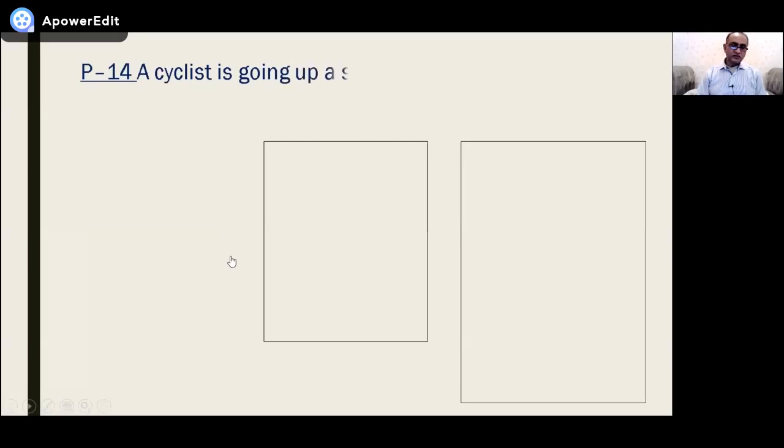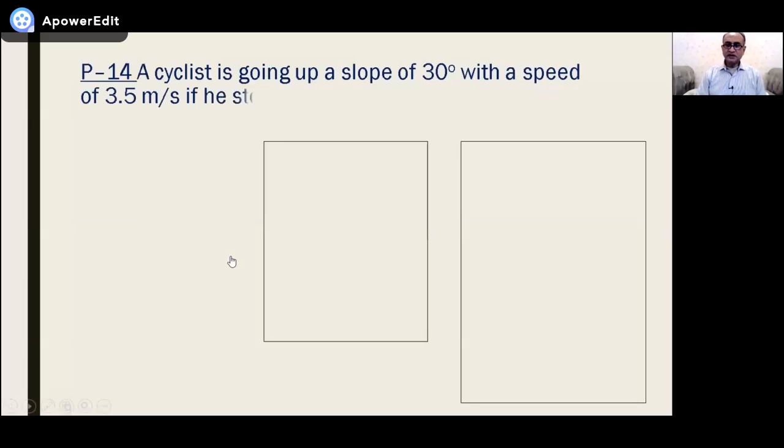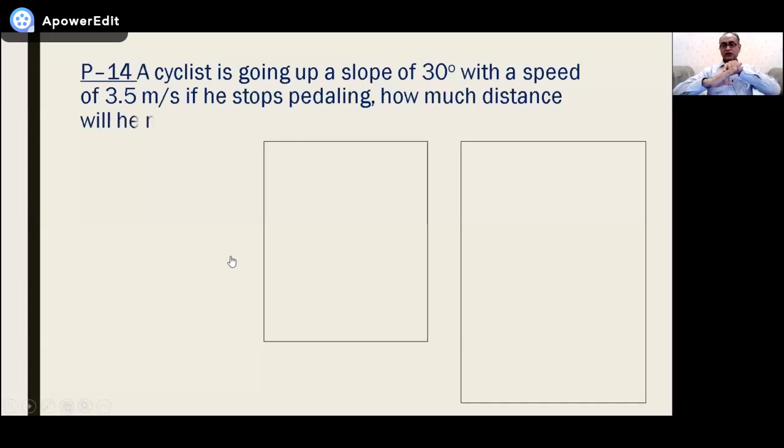So what is the situation here? A cyclist is going up a slope on an inclined plane. What is the angle of inclination here? 30 degrees. The flat surface is like this, and a cyclist is moving up.